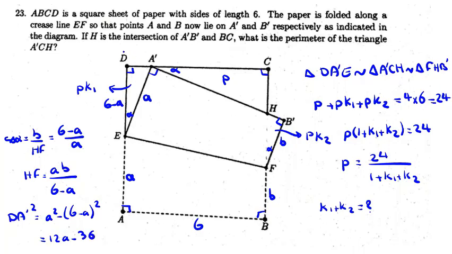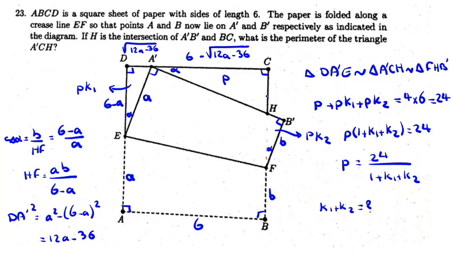So this length d A prime will be the square root of 12a minus 36. Now, because the whole DC is 6, this length will be 6 minus the square root of 12a minus 36.